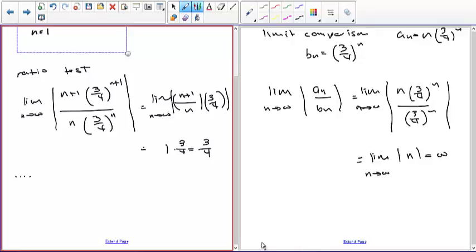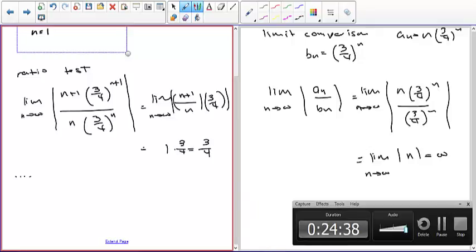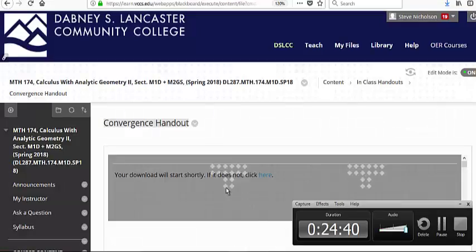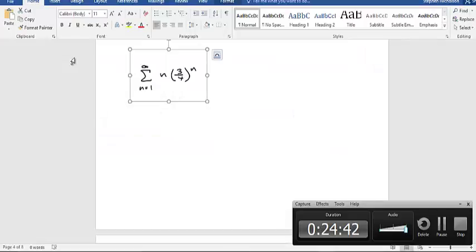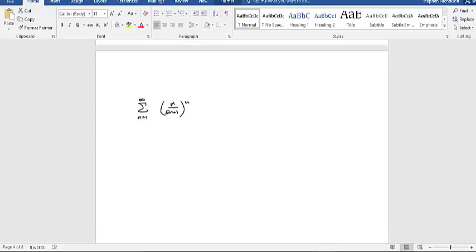Let's see what else we got here. Oh, here we go. So that one we said you use the root test. Again, we'll go back and clean up later, but you can see what's going to happen: when you take the nth root of that, you just end up with n over 2n plus 1.